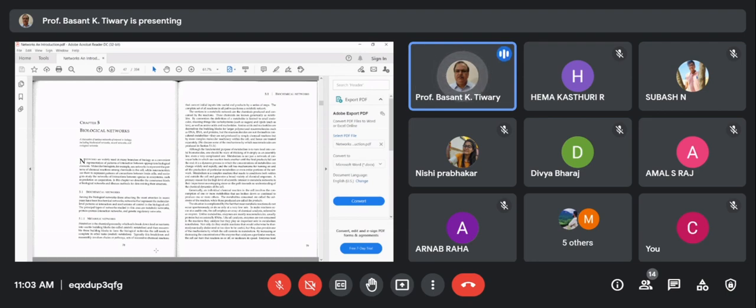Generally, the vertices of metabolic networks are the chemicals produced and consumed by the reactions. So these are the metabolites. A metabolite is a small molecule like a carbohydrate or lipid, as well as amino acids and nucleotides, and they are part of this metabolic network.